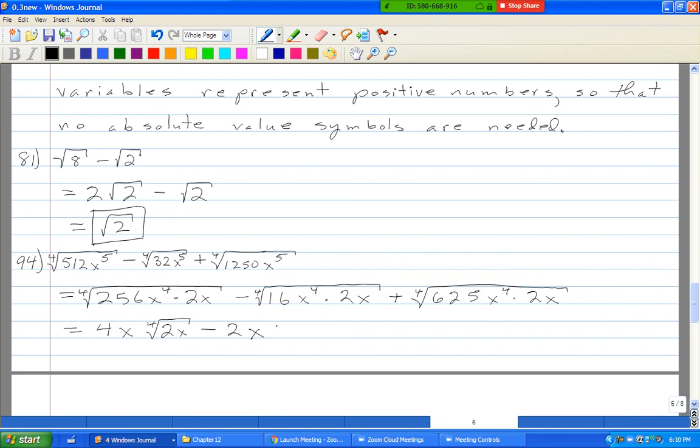The fourth root of x to the 4th is x. Lastly, the fourth root of 625 is 5: 5, 25, 125, 625. The fourth root of x to the 4th is x. And what remains is rad 2x.